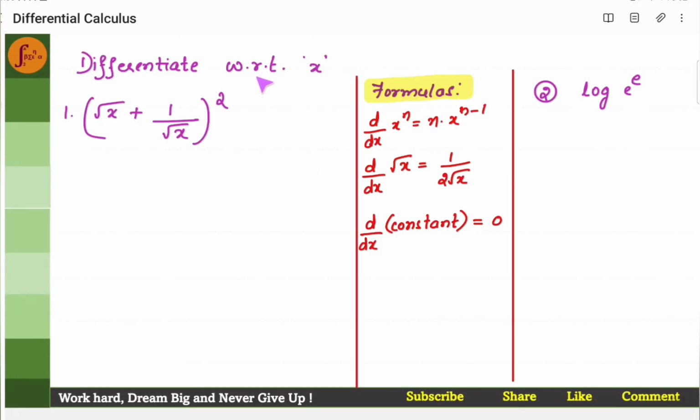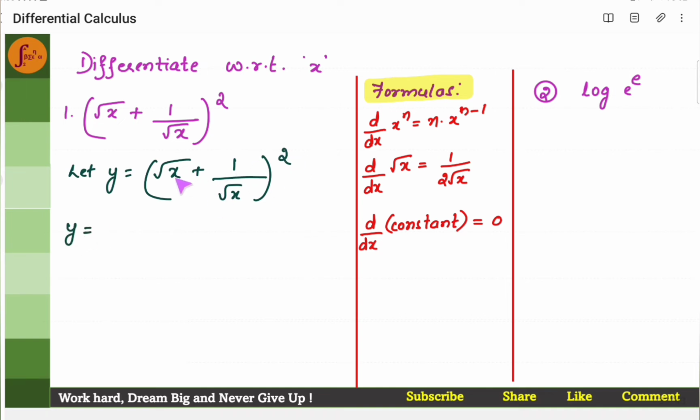Let's solve a few problems related to differentiation using different rules: quotient rule, product rule, addition rule, subtraction rule, and so on. The first one is: differentiate root x plus 1 by root x, the whole square. First, let's assume y is equal to root x plus 1 by root x, the whole square. Now I'll have to first solve this, right?